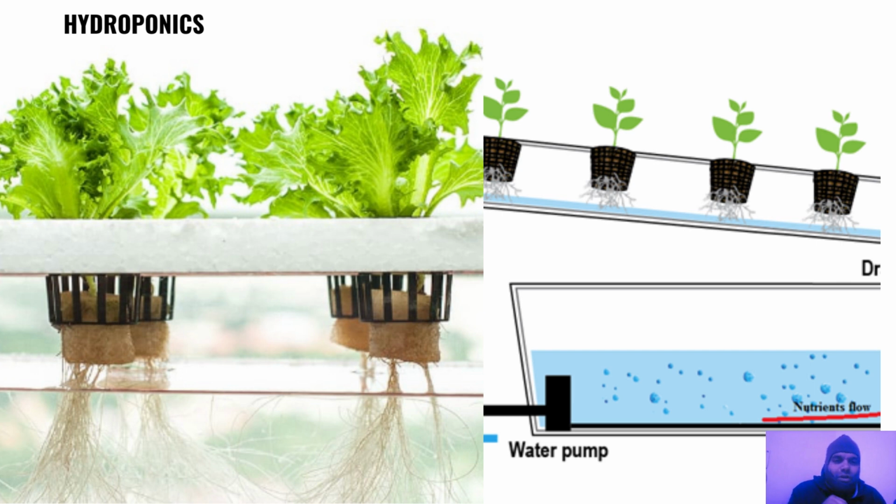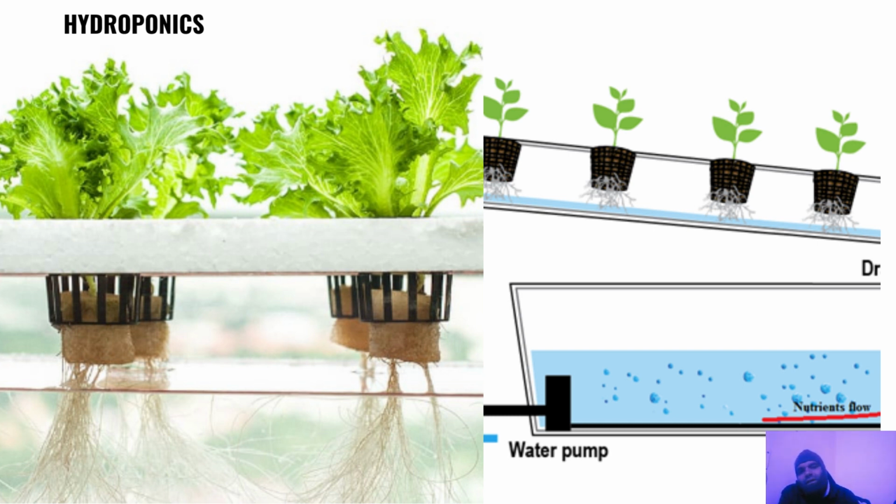Now you have also something called hydroponics, which is actually growing of plants in the absence of soil. So you can grow plants without soil. What you need is water, and we add the nutrients directly into the water. And as you can see, the plants are actually grown inside a system of pipes, and the roots are dipped in this water.